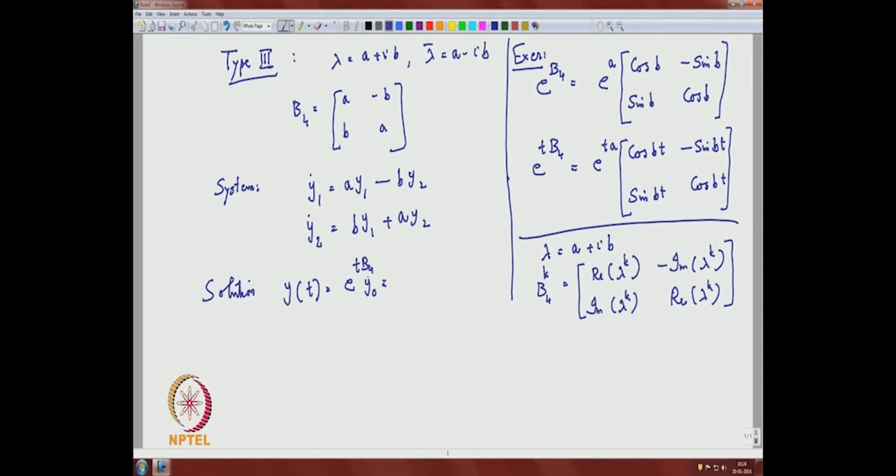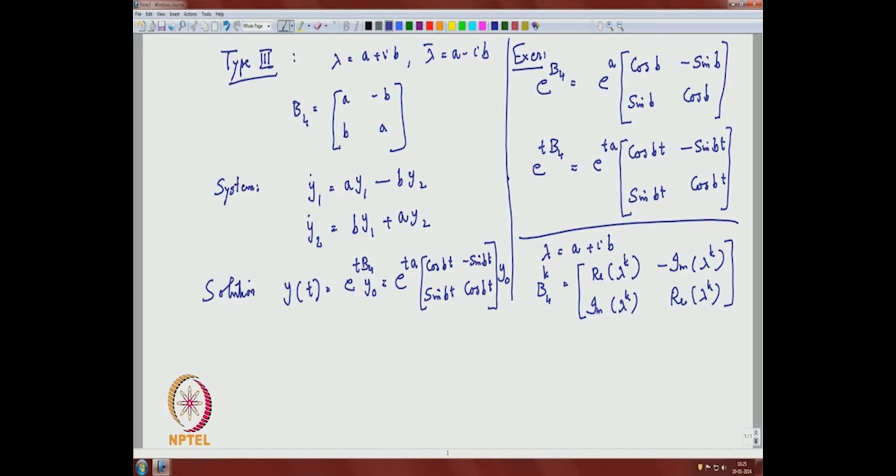We already computed e power t B4, so it will be e power t a times [cos bt, -sin bt; sin bt, cos bt] acting upon some y naught. So you have a representation of the solution.